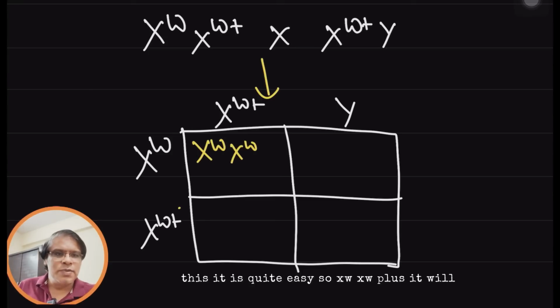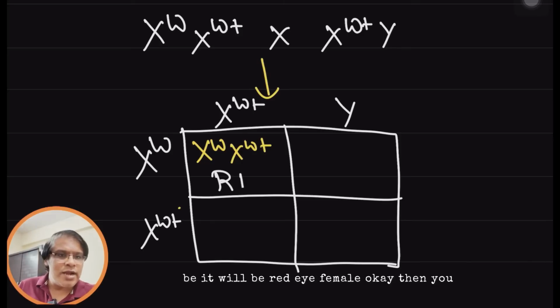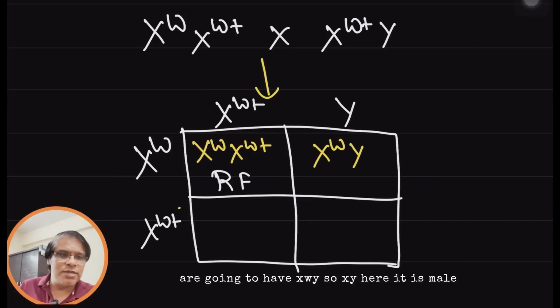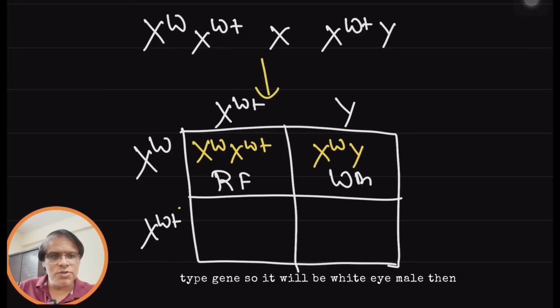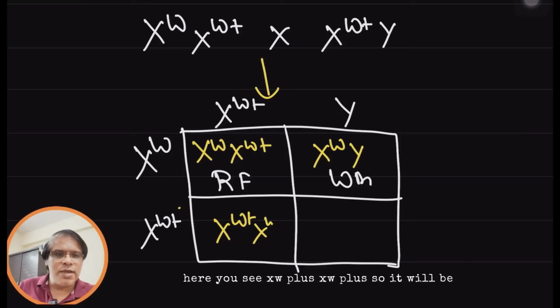X^W+ X^W+ will be a red eye female. Then you are going to have X^W Y, so XY is male but with white eye. Here you have the mutant gene and there is no wild type gene, so it will be a white eye male. Then here you see X^W+ X^W, so it will be a red eye female.